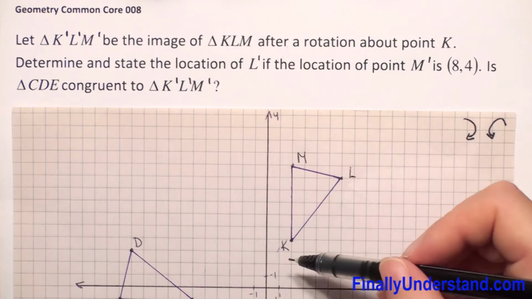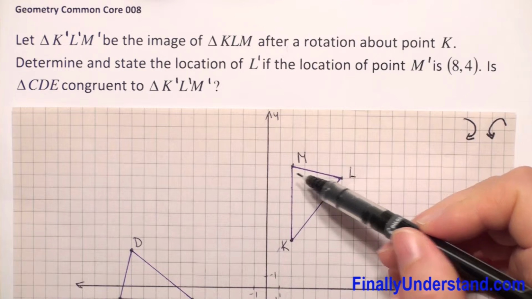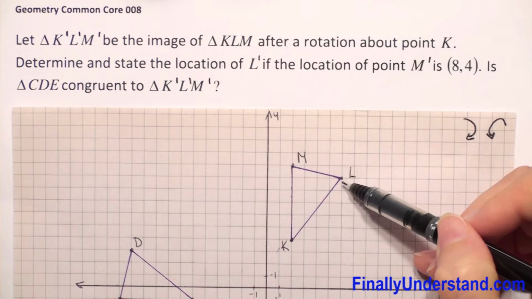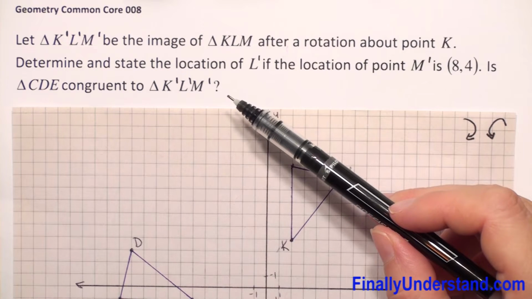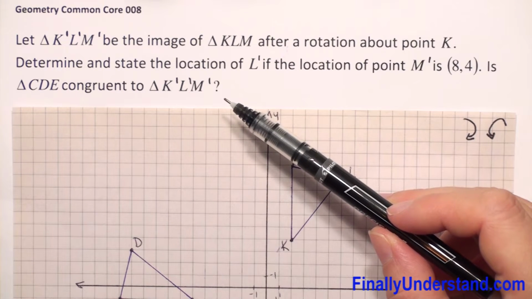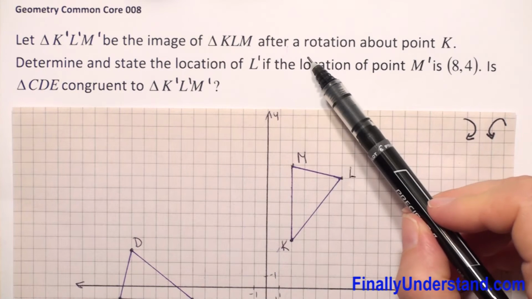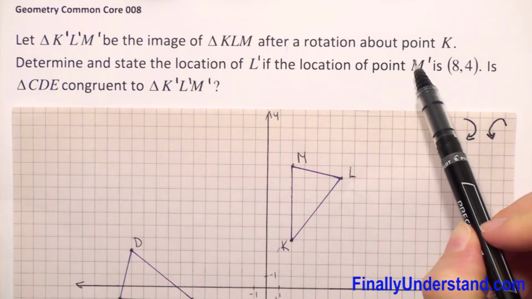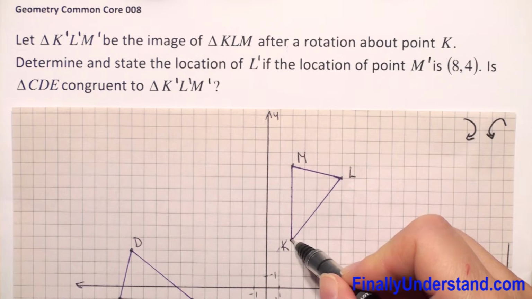We have given points K, M and L, and we know that triangle K prime L prime M prime is the image of triangle KLM after a rotation about point K. So K is now the center of rotation.